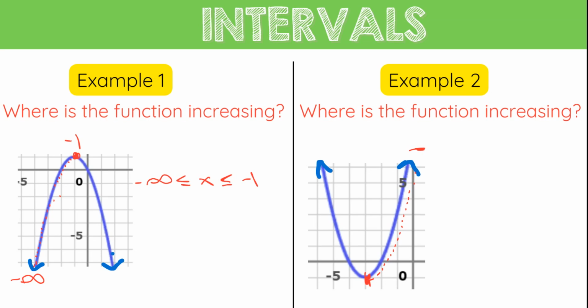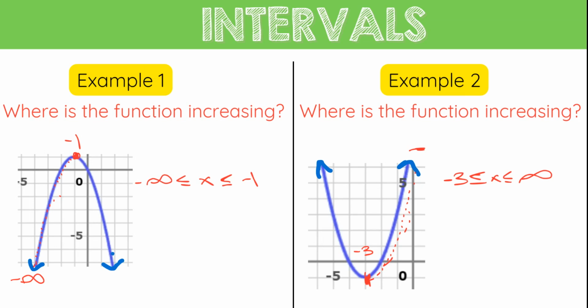The smallest value is, let's see, this is 0, so -1, -2, -3. Okay, so -3 is the smallest boundary, and then it goes all the way up to infinity. So between -3 and infinity is where your function is increasing. This is what you should have had as your answer.